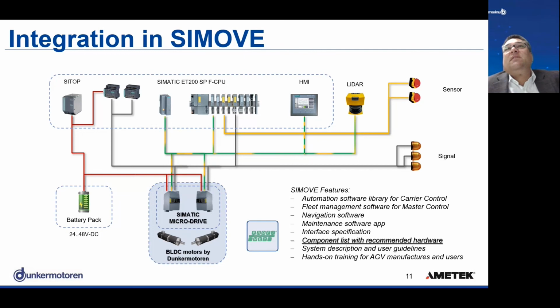So the feature Siemens offers is software which runs a fleet, which navigates or maintains the system overall, which defines interfaces between systems and provides you a component list with recommended hardware, which is not just motors, but also power supplies, HMIs or sensors to, for example, build up a complete AGV system over the CMove system.